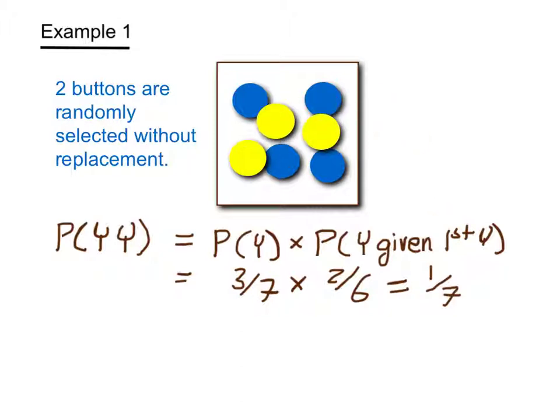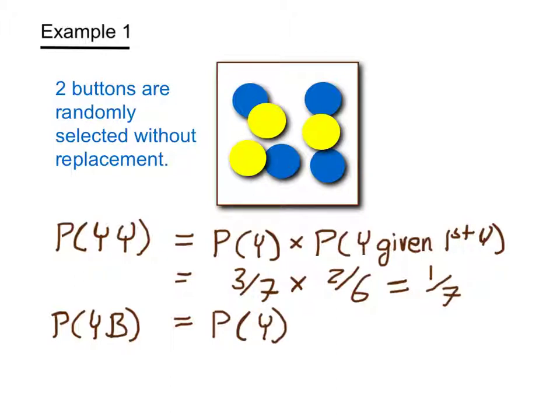Now let's put that button back, and now we want to look at the case where the first button is yellow and the second button is blue, again given that the first button is yellow. So we have the probability of drawing a yellow button times the probability of a blue button given that the first is yellow.